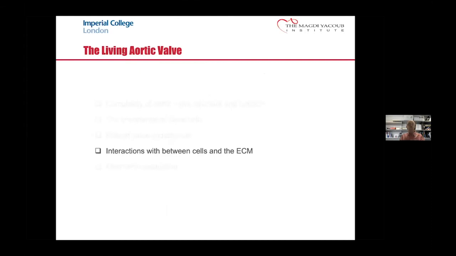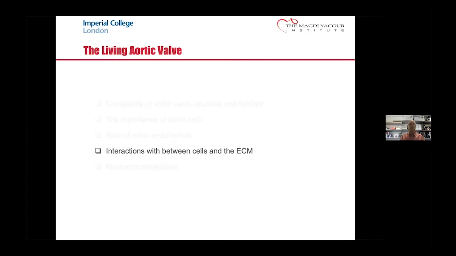So moving on to how the cells then interact with the extracellular matrix. And this step is important with respect to tissue engineering because you're replacing the extracellular matrix with your scaffold material. So how it ultimately interacts with the scaffold material is what you want to be able to recapitulate, which is how they interact with the extracellular matrix.